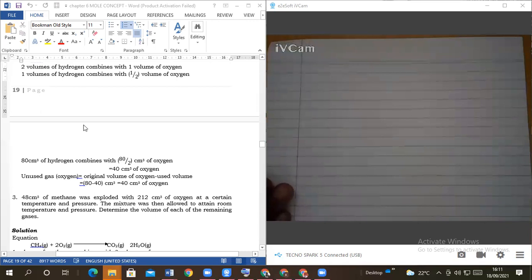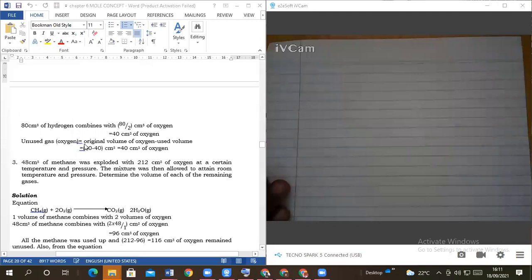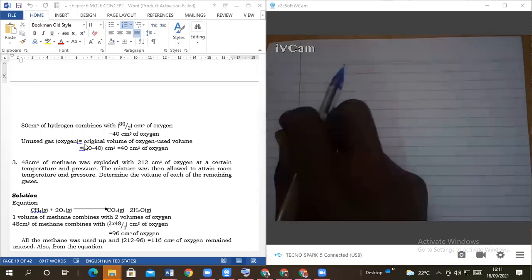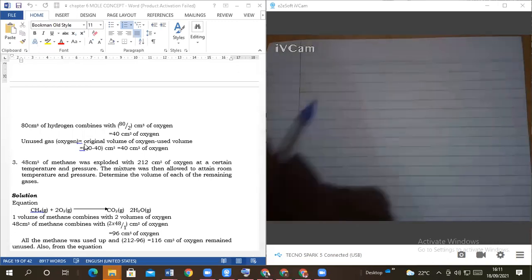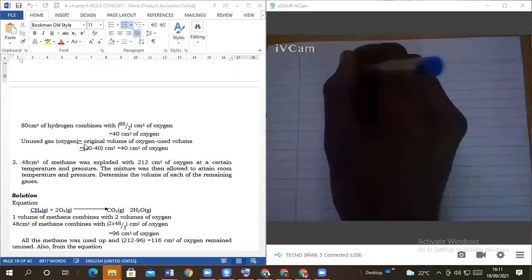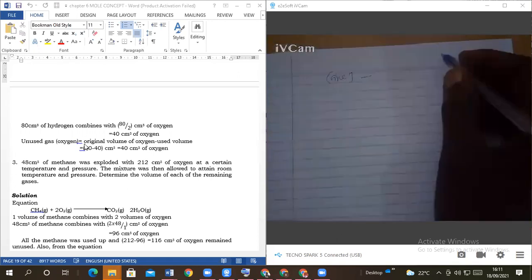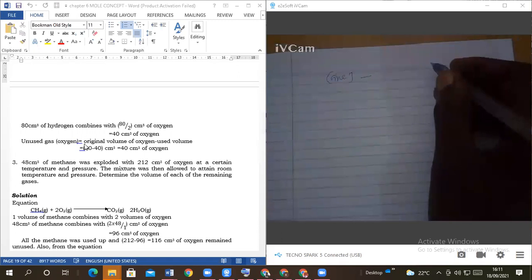So here we are having another example that says 48 cubic centimeters of methane. Who knows the formula of methane? Methane is an organic compound. It falls under which group? Methane, ANE. ANE is what? Organic chemistry.